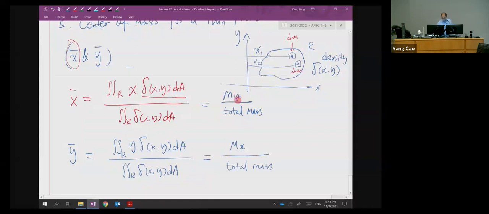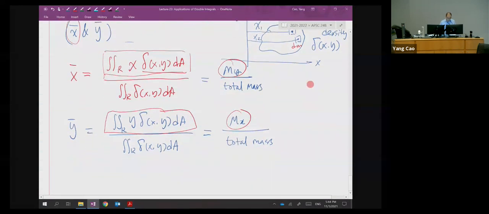You might wonder, why is it called My? Why is it not called Mx? Just hang on a second here. So you can define this double integral as My and this double integral as Mx.